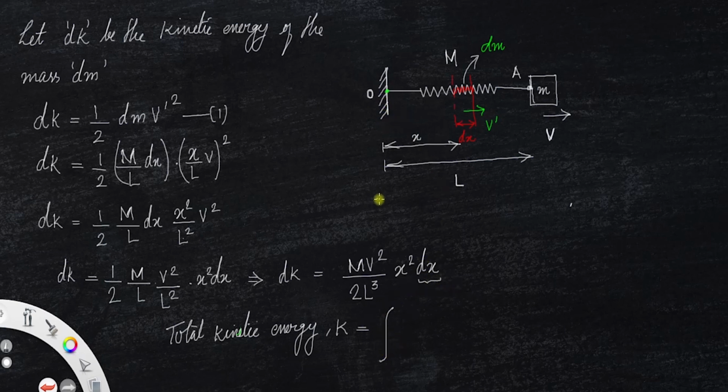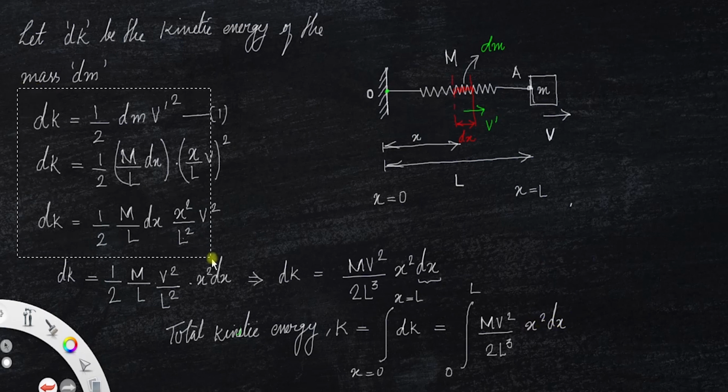So x varies from here. x is equal to 0 at O, and here x is equal to L. So x varies from 0 to L. This dk, you can write as integral 0 to L of m v square by 2L cube x square dx.